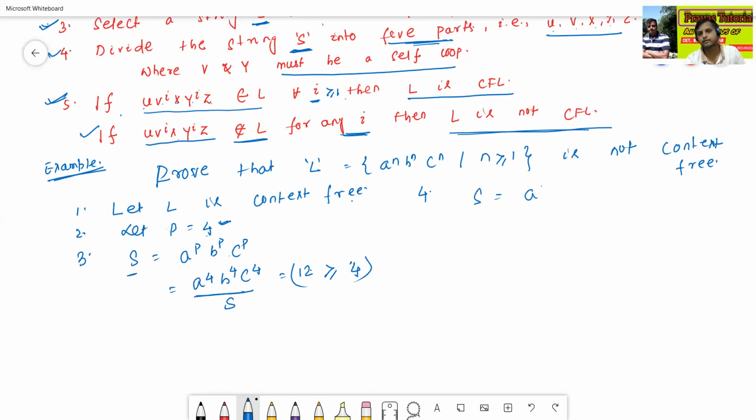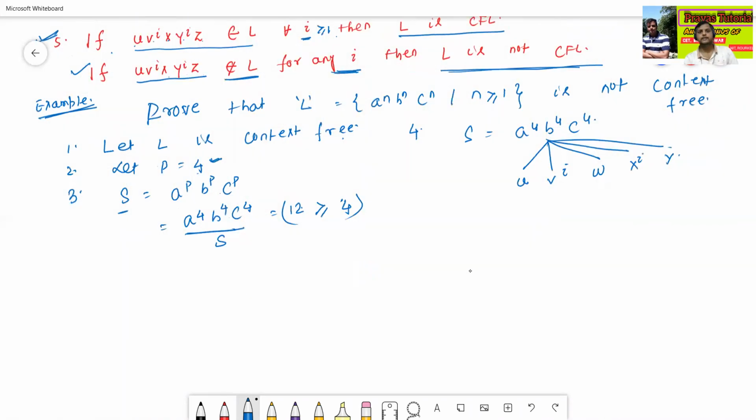So S equals a to the power 4, b to the power 4, c to the power 4, which is 4 a's, then 4 b's, then 4 c's. We divide it into 5 parts, where v and x must be a self loop.